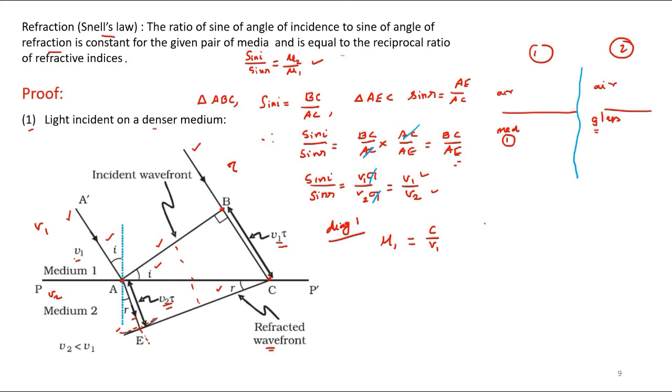Then considering diagram 2, mu2 is equal to C by V2. Here speed is V1, and here speed is V2. These two are refractive indices. Now you call this equation 1.